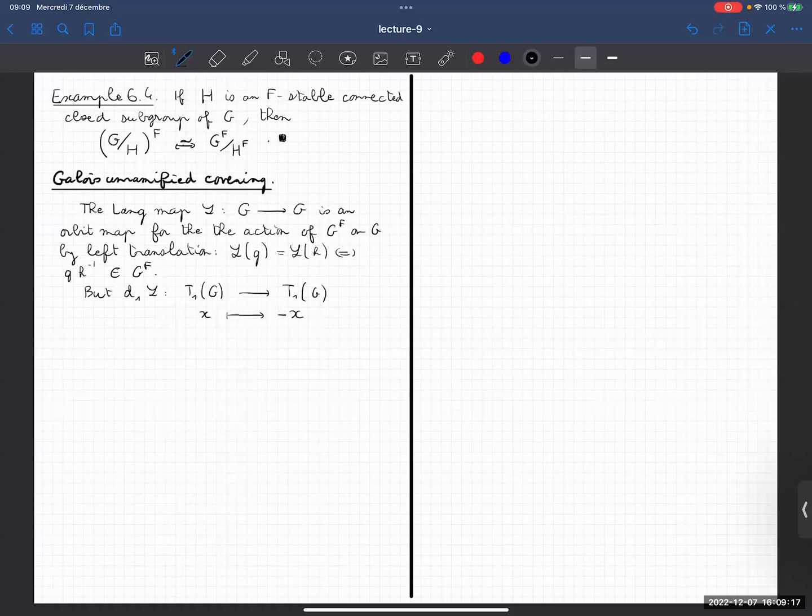So this implies, thanks to proposition 4.5, that as a variety, if you take the quotient of G by the left action of G^F, this is isomorphic as a variety, through the factorization of the Lang map, to G itself. So you have a quotient of G by a subgroup which is isomorphic as a variety to G. Quite funny, isn't it? Okay, and since G^F acts freely, this is left translation, this is a Galois unramified covering.